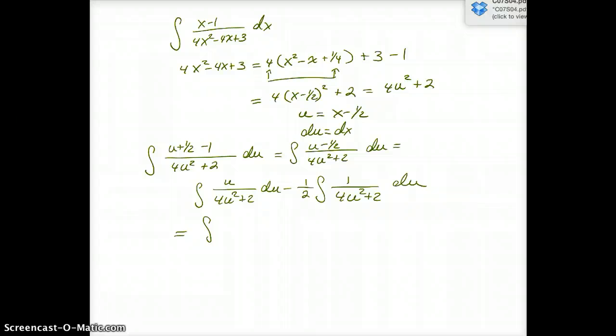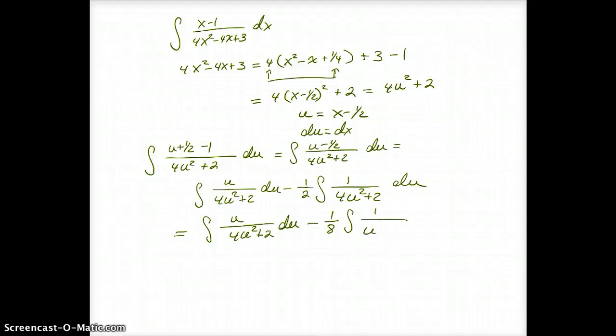Okay, so let's leave this one alone for a second. And I'm going to just factor out a 4 from that denominator, make this an eighth. And that's going to be 1 over u squared plus a half. So the first one you can do with a substitution, y equals 4u squared plus 2.